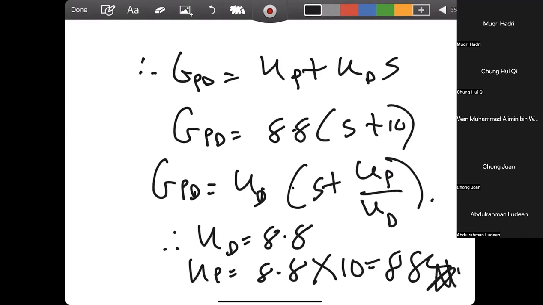That is the KP and KD value. Alhamdulillah.